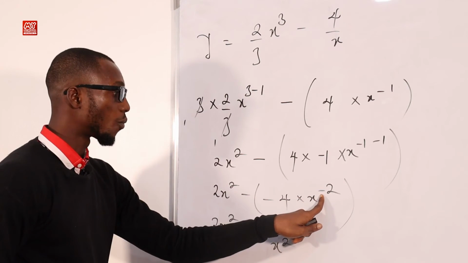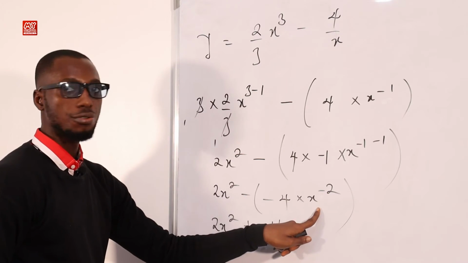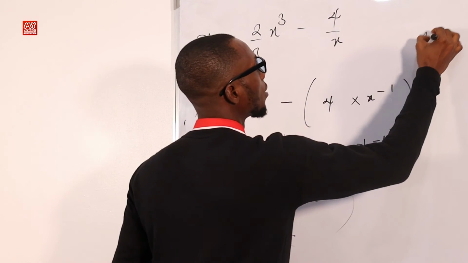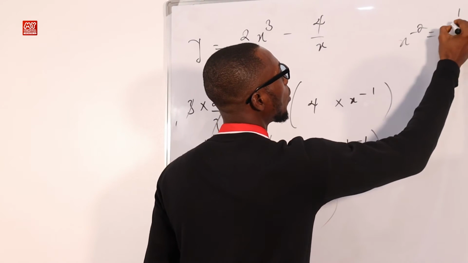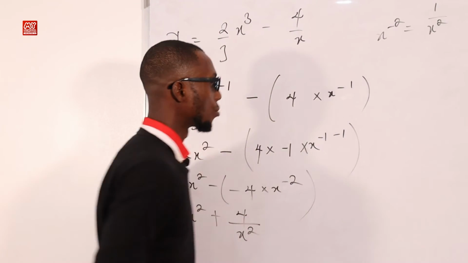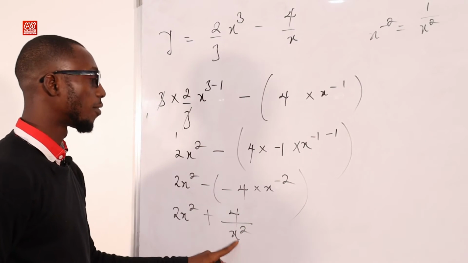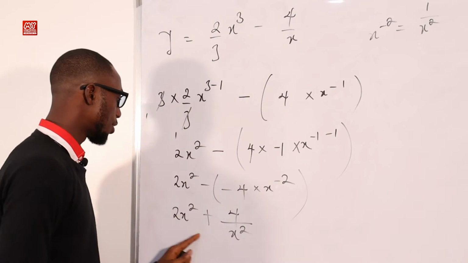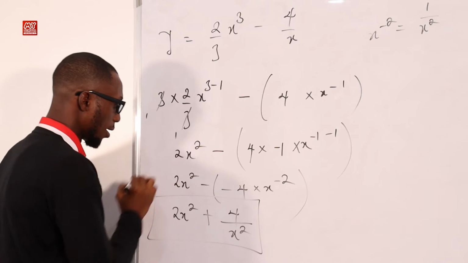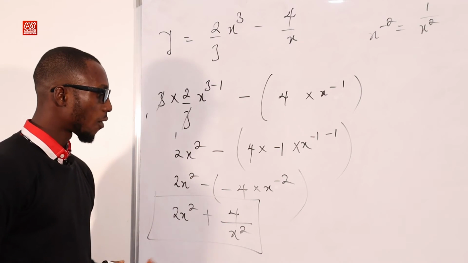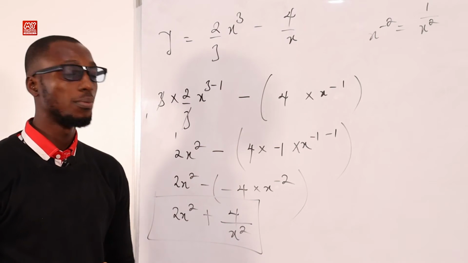This means 1 all over x raised to power 2. Remember that x raised to power minus 2 equals 1 over x raised to power 2. So 1 times 4 still gives us 4 over x raised to power 2. So the correct answer here is 2x squared plus 4 over x raised to power 2.